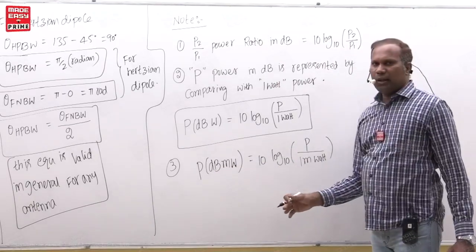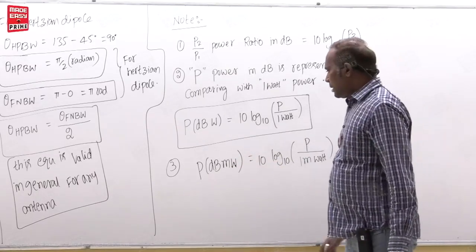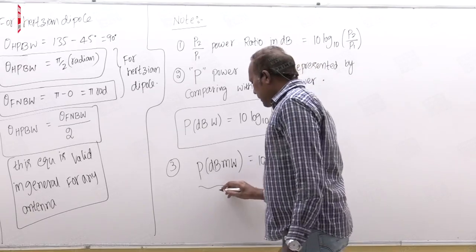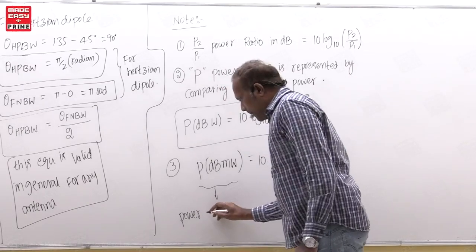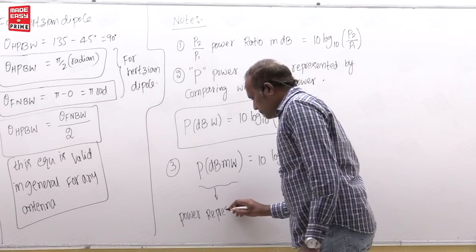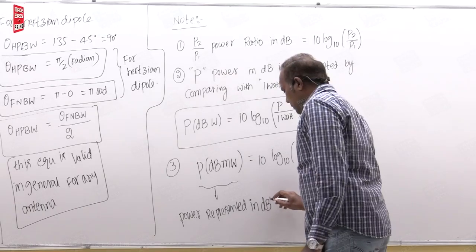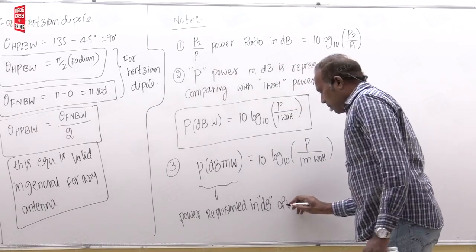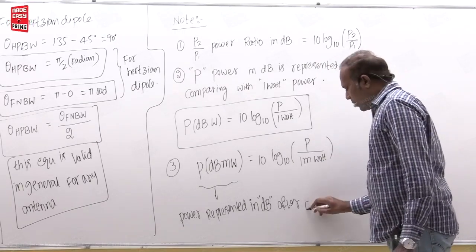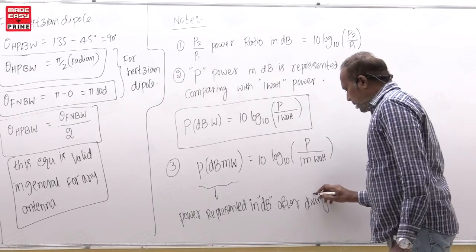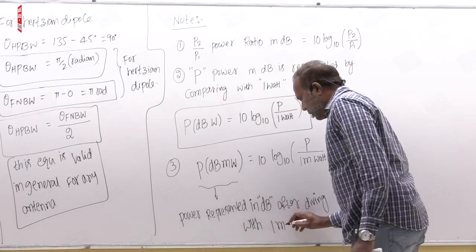Actually, I am not writing all this story. It depends on you, if you want, you can write. By seeing this, you can understand. So you can see here the meaning is power represented in decibels after comparing, meaning dividing, with 1 milliwatt.